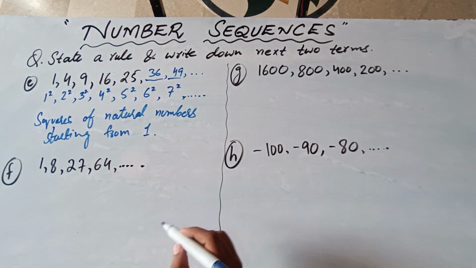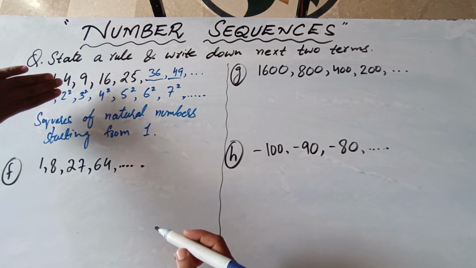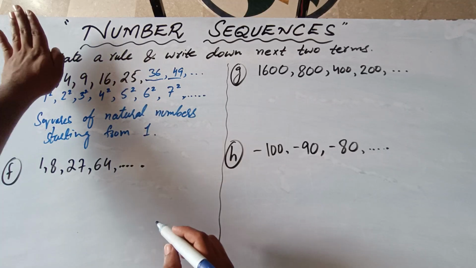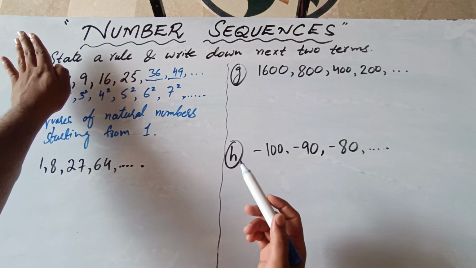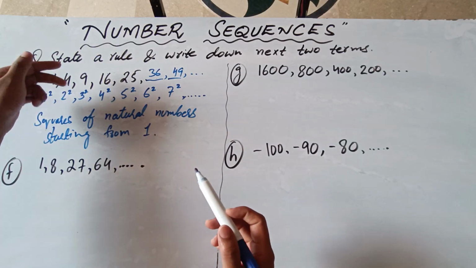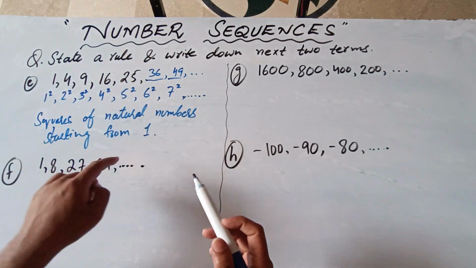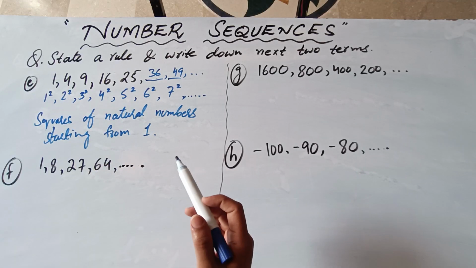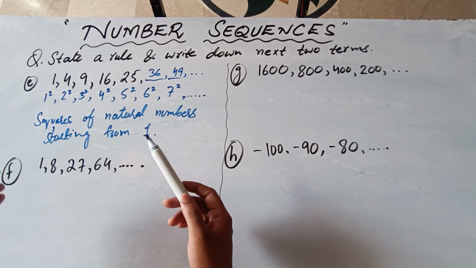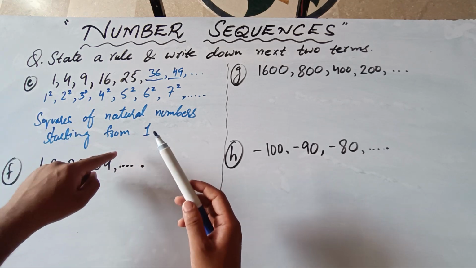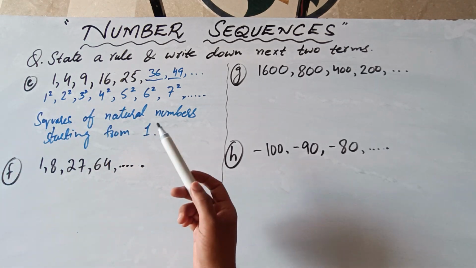Why are we writing starting from 1? Because the sequence could be given from here as well, 9, 16, 25, 36 and so on. So these are also the squares of natural numbers, but starting from 3. That's why we are writing it over here, so that if any person looks at the rule, he can generate the sequence automatically.